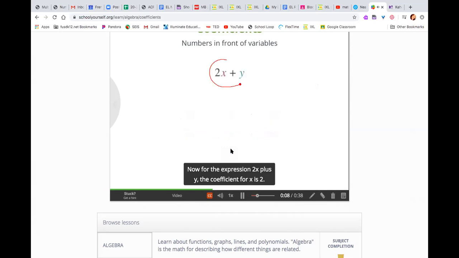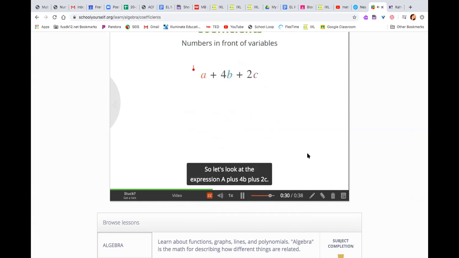Now for the expression 2x plus y, the coefficient for x is 2. But what about y? There's no number in front of y. Whenever you have a variable by itself like this, with no number in front of it, the coefficient is actually 1, because y is the same thing as 1 times y.